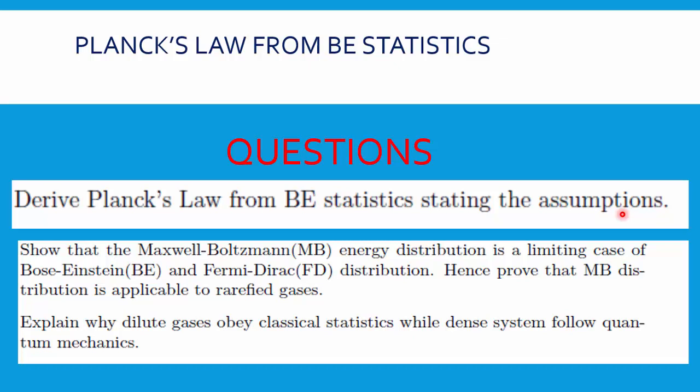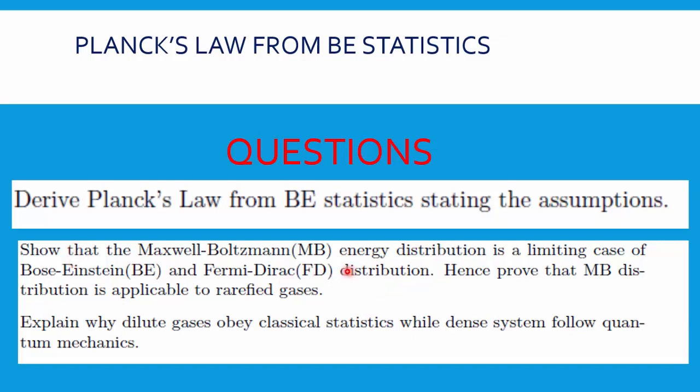This important assumption has to be written during the derivation of Planck's law from BE statistics. And from the topic of the physical condition that makes FD and BE tend to MB, these two important questions are there.